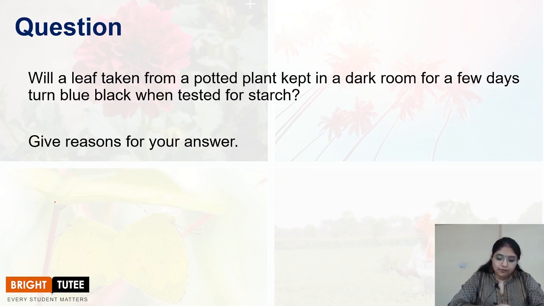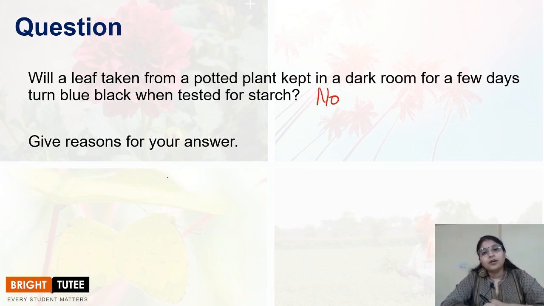Will a leaf taken from a potted plant kept in a dark room for a few days turn blue-black when tested for starch? So the answer is no. Give reason for your answer. So the reason is, first of all, the leaf that you have kept in a dark room for a few days will not give starch, because there is no photosynthesis occurring in it, right?